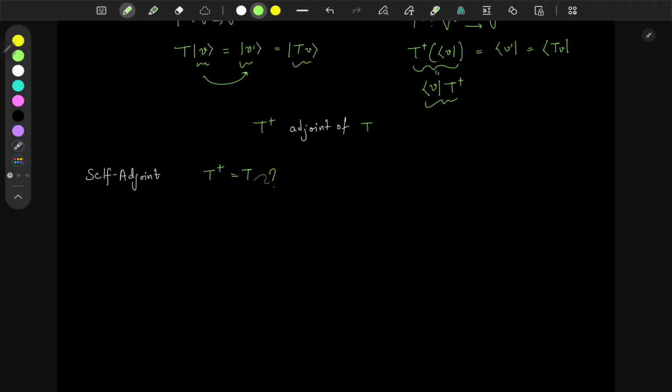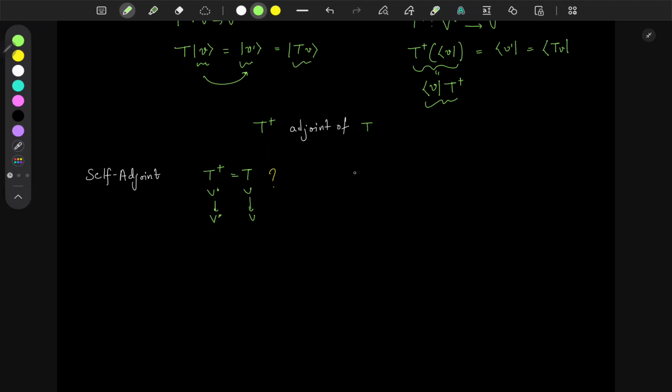Because T is a map from V to V and T dagger is a map from V star to V star, so they are maps on different sets. So how can they be equal? Because for two maps to be the same, they need to have the same domain and codomain. So these are equal in a different sense. This is correct but not exactly correct. I'll come to what is the correct notation.